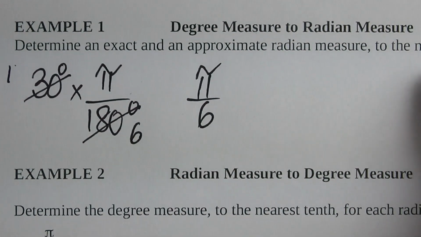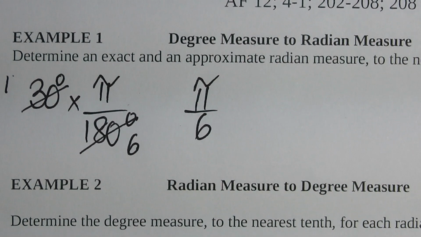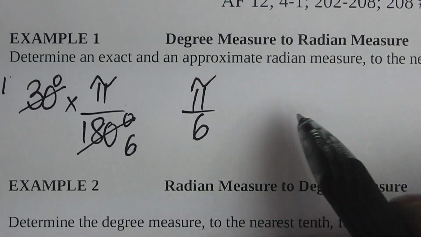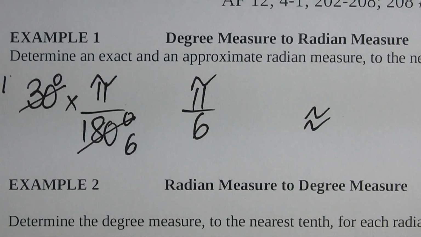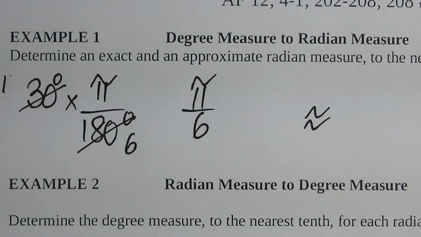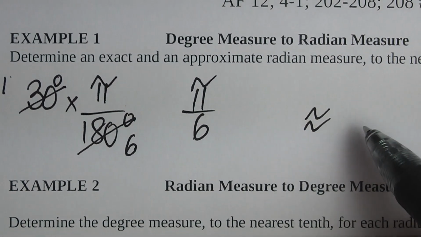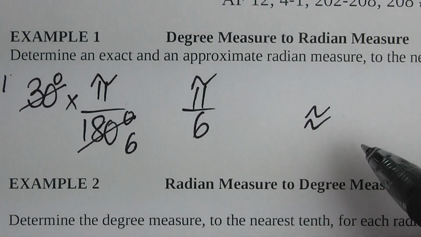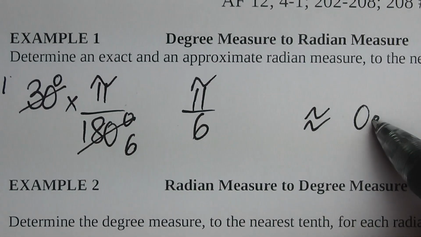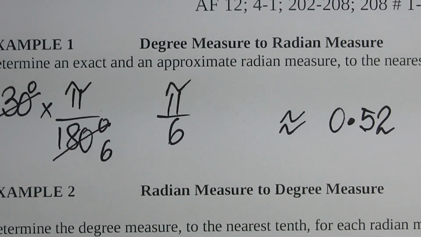Beautiful. The question also says, what's an approximate radian measure to the nearest hundredth? So approximately pi over 6 would be 0.52 radians.